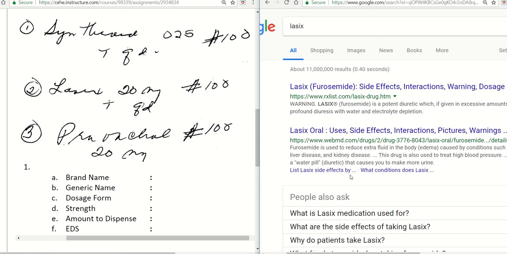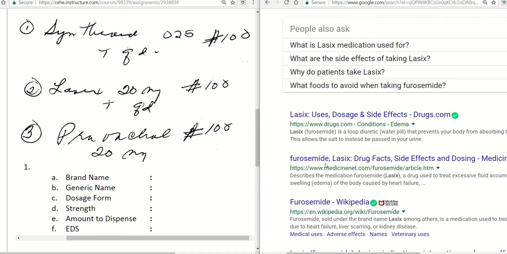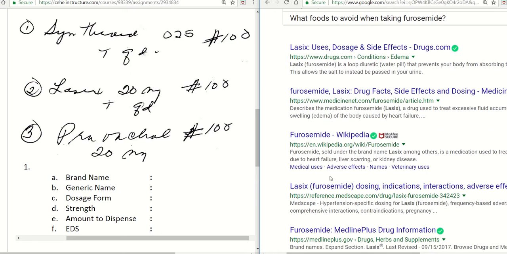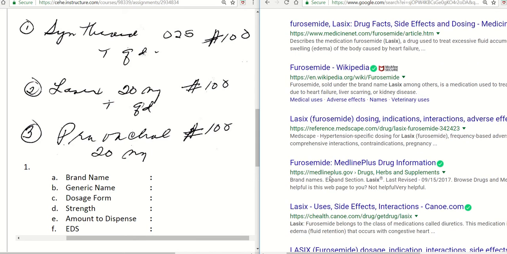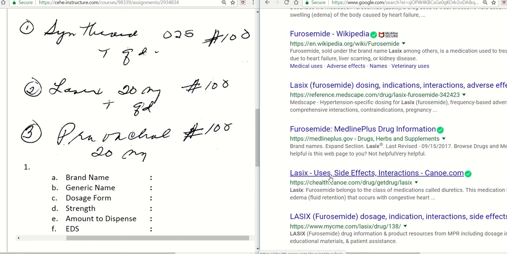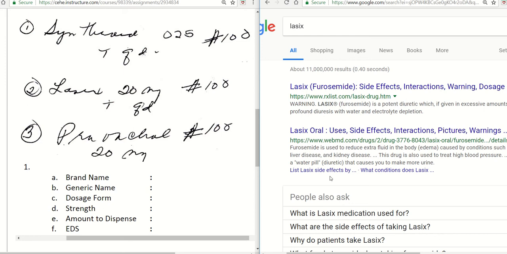So let's see, what's the dosage form that the doctor wants? So most likely, yeah, just regular tablets. There's no extended release written here, EX or XL or ER. So it looks like just regular tablets, not the injectable or anything. So the strength, 20 milligrams. This one's easier.